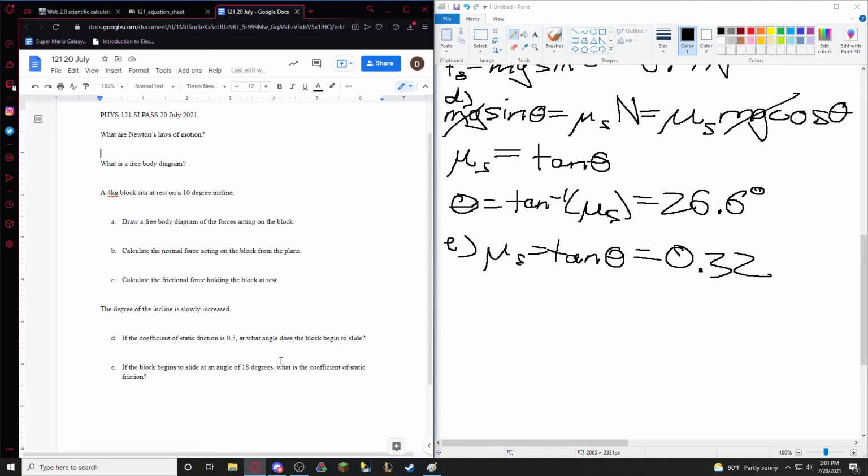So we know that at 18 degrees, the acceleration is equal to half a meter per second squared. How do we get the kinetic coefficient of friction? I'll give you like 3 minutes and we'll go over it, or just let me know when you're done.